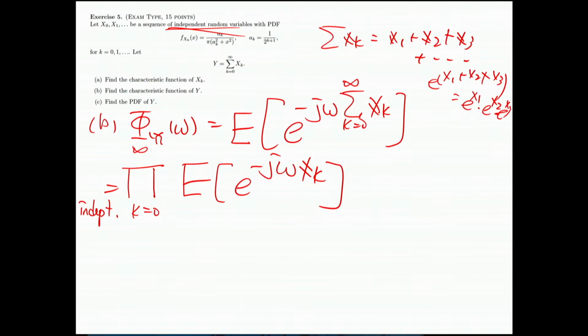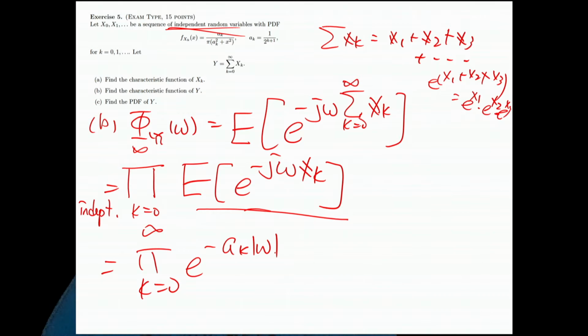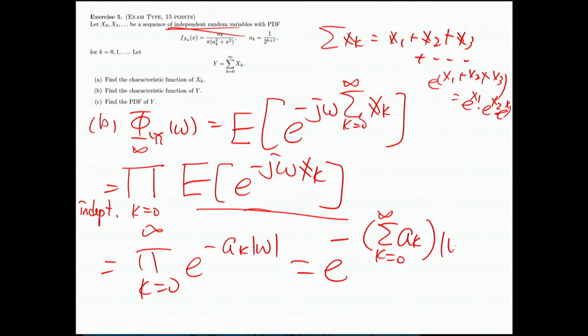And since we know this is the characteristic function of xk from part A, here is the multiplication of e to the minus ak times absolute of omega, which is e to the minus summation k from 0 to infinity ak times absolute of omega.